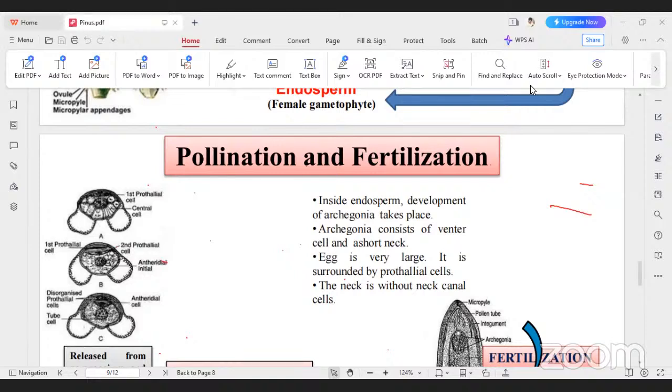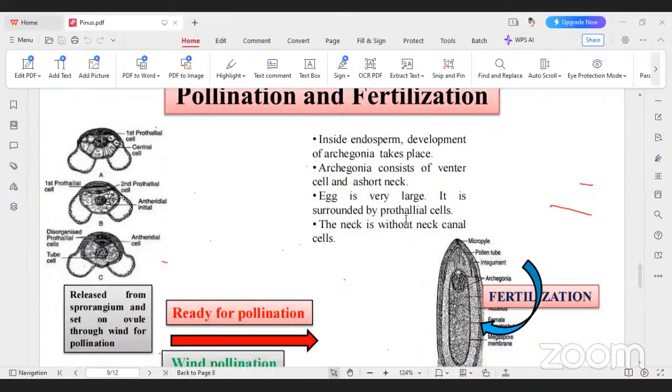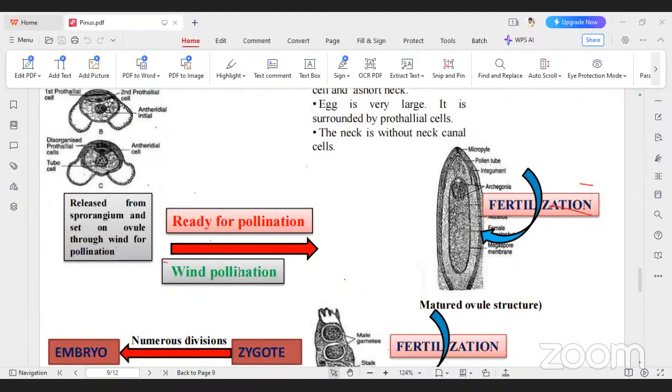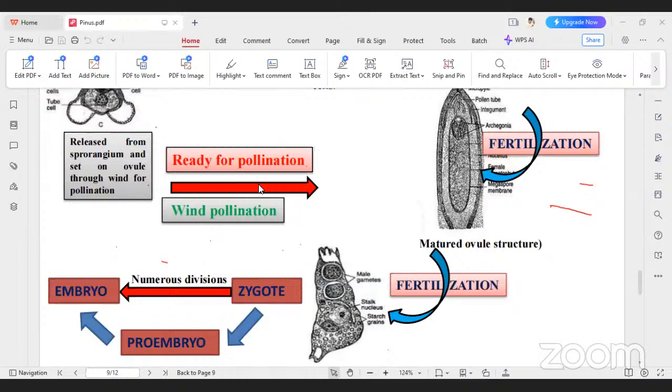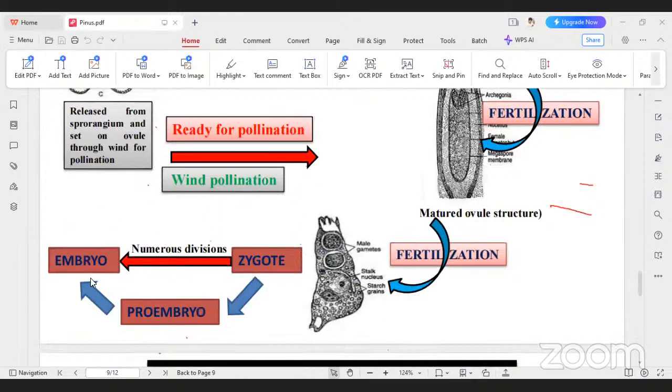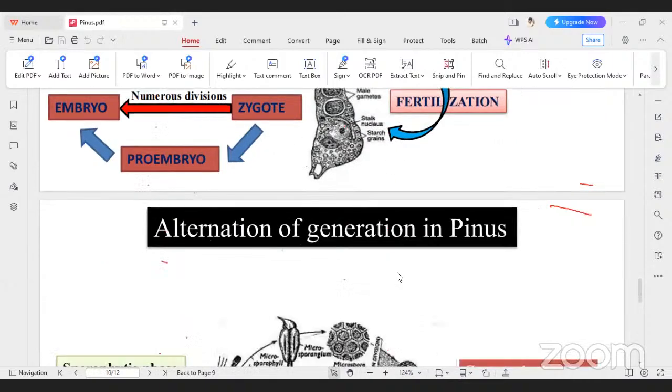After pollination, the male gamete fuses with the female gamete, which is called fertilization. Pollination here takes place by wind. After fertilization, a zygote is formed. This zygote develops into an embryo, then into a seed, and develops into a sporophyte.